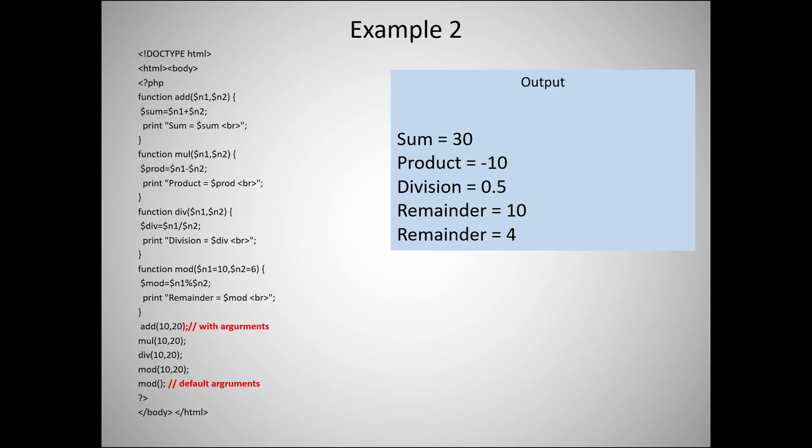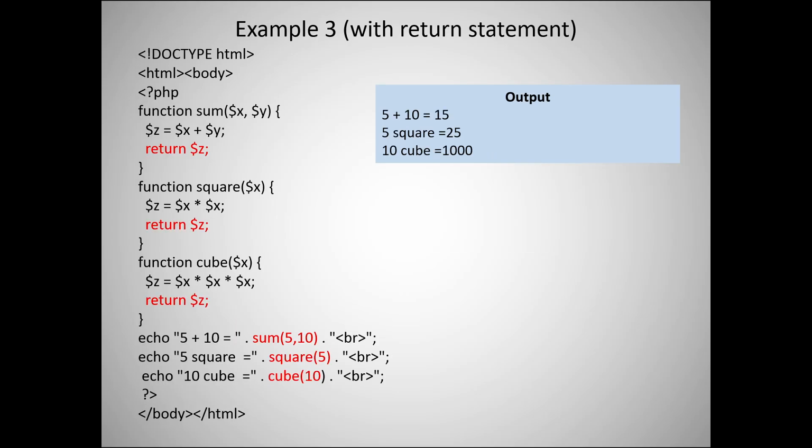In the mod function, I didn't pass any value, so automatically it takes the first value as 10 and the second value as 6. When I pass mod of 10, 20, those values will be passed as n1 and n2, and the corresponding remainder will be printed.